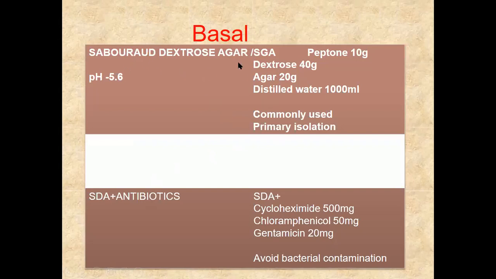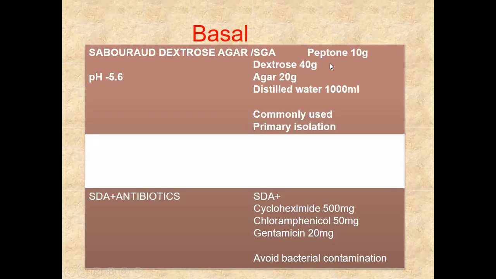First we'll go with the basal medium, generally used in the laboratories for identification of a specific type of fungal organism, which is called Sabouraud dextrose agar or SDA.